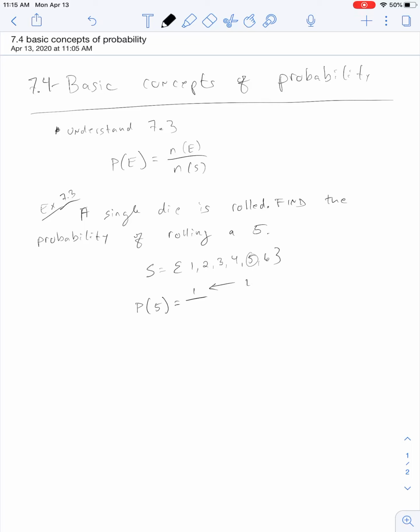So we put a 1 up there, right? That represents that there's only 1 5, but there's a total of 6 different outcomes. This fraction doesn't reduce any further, so this answer is 1/6.